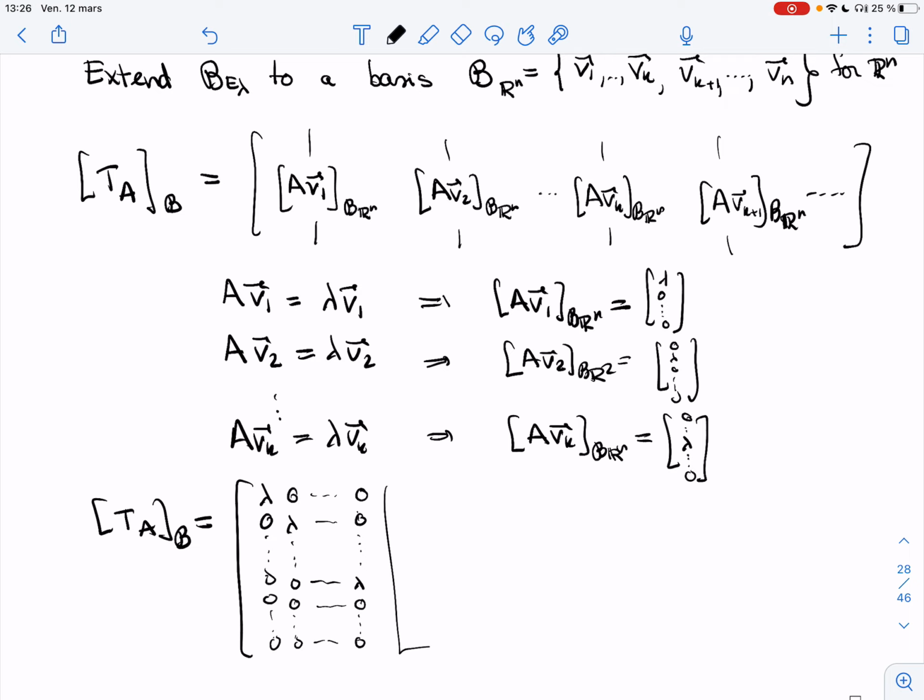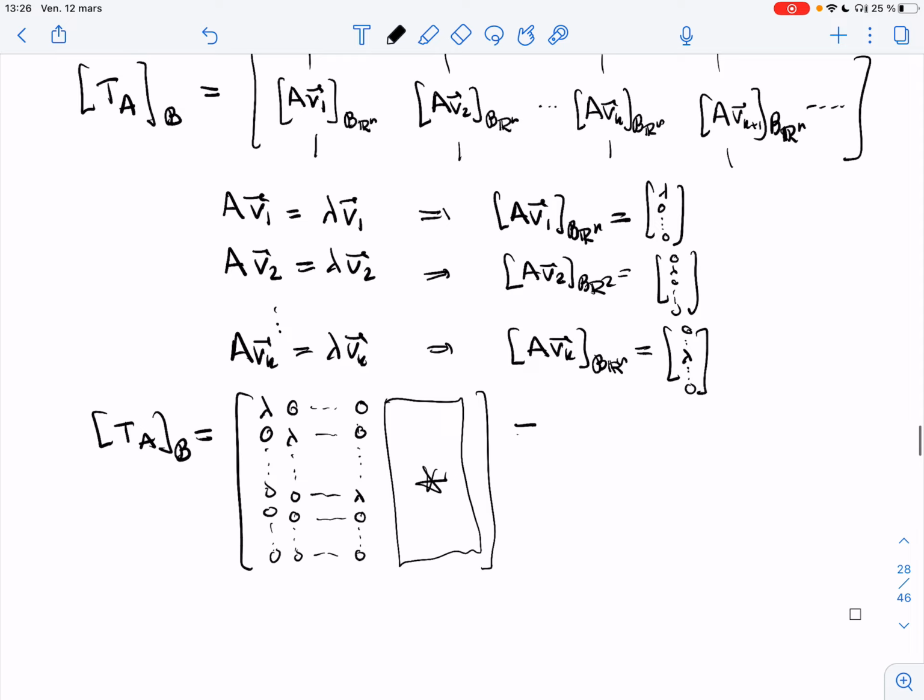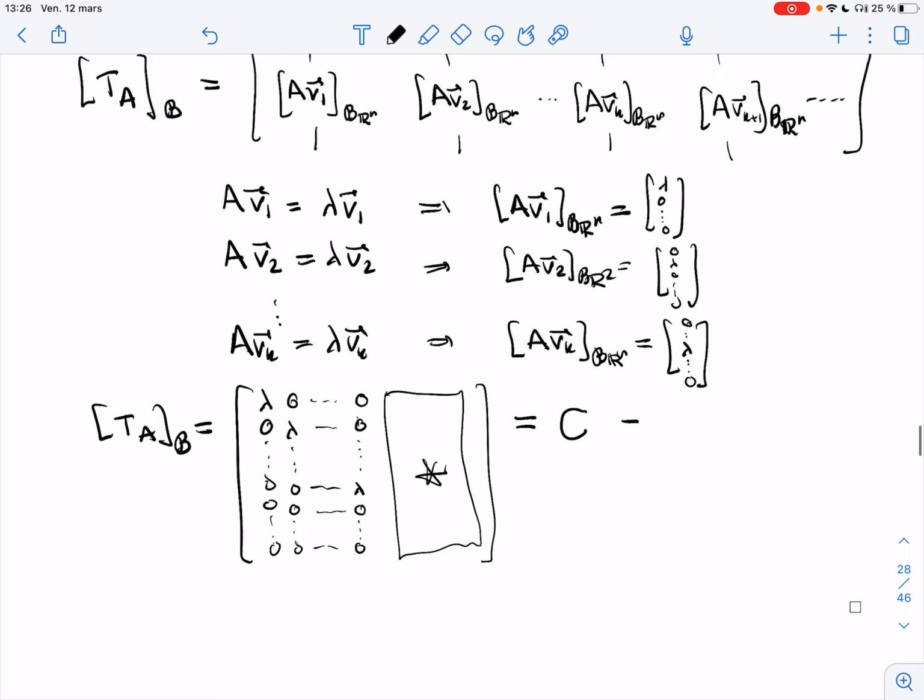The rest I have no control over, so I don't know. Let's call this matrix C.